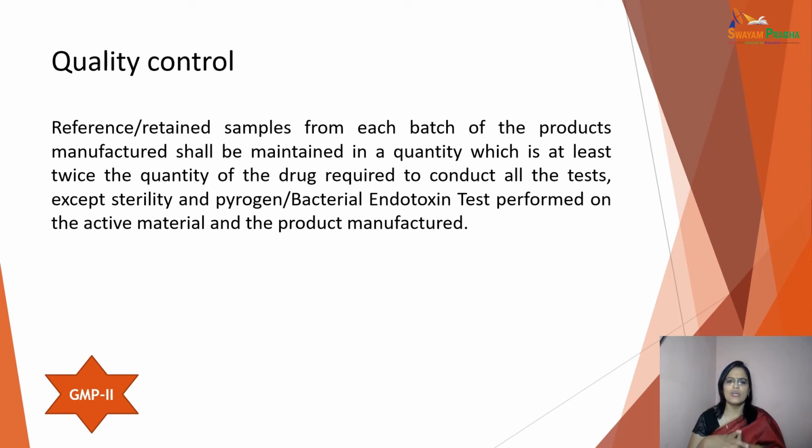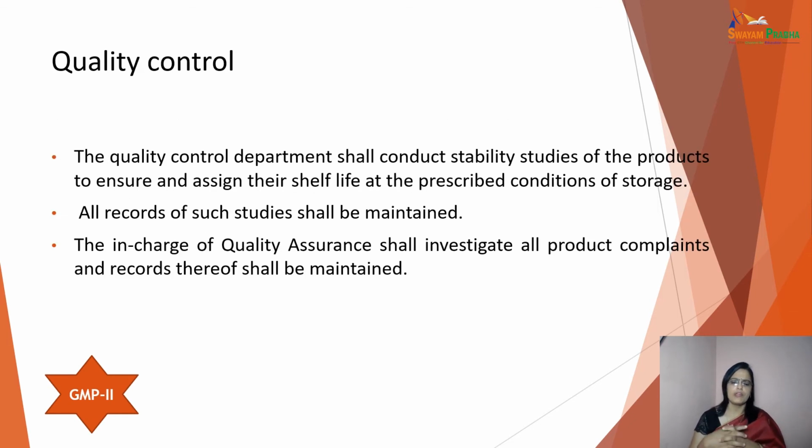The retained product shall be kept in its final pack or a simulated pack for a period of 3 months after the date of expiry. Quality control persons shall have access to the production area for sampling and investigation as appropriate. The in-charge of quality assurance shall investigate all the product complaints and records thereof shall be maintained.